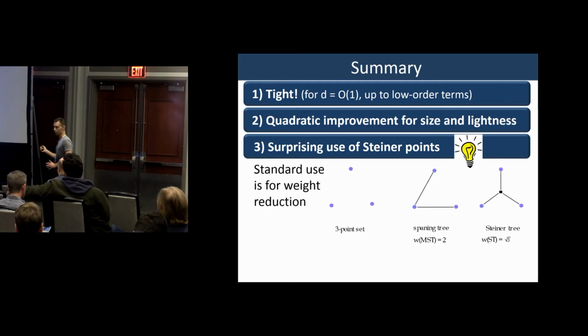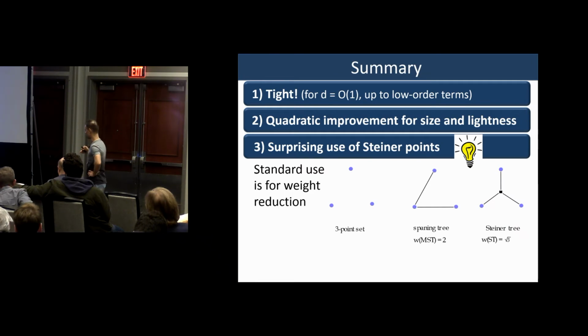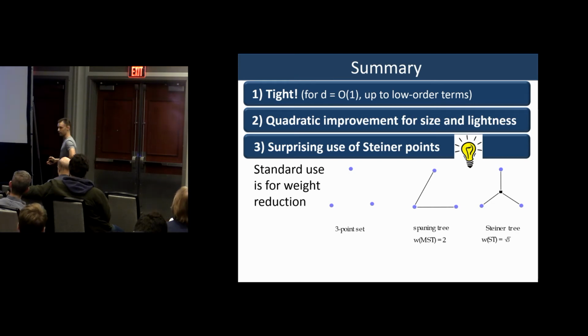I think many of you know that if you have a set of points in the plane and you want a minimum spanning tree, it's actually beneficial to use additional points that are not in your input. And this is the classic Steiner minimum tree problem. And you see that you can improve by adding this black point, you can improve the weight. But inherently, you are adding edges.